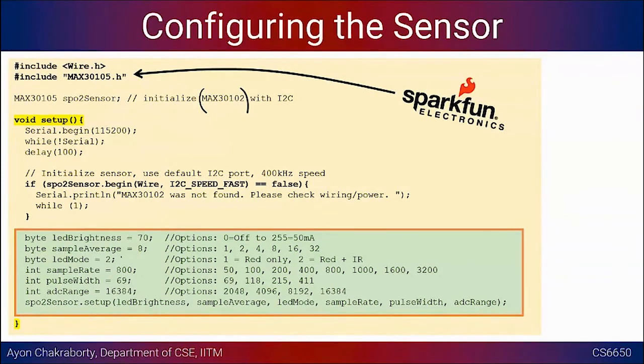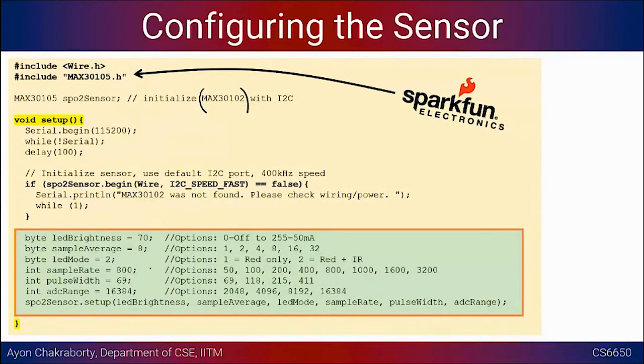There is also an LED mode, whether you just want only red on, or you also need the IR along with it, right? Suppose you want to do only heartbeat detection and not SpO2, as you are doing it with your phone camera. In that case, maybe the red light is fine. You don't need both of them. And I'll also show you a demonstration that both of them are not required if you're just looking at heartbeat.